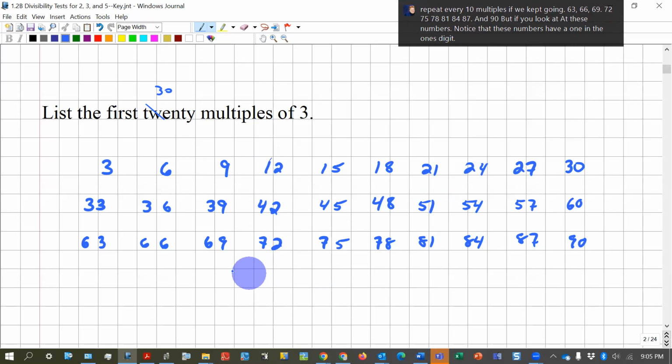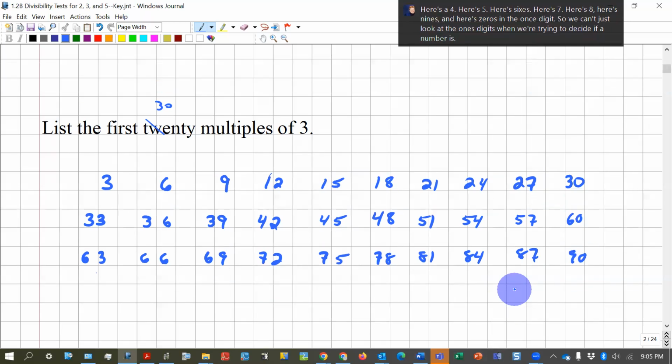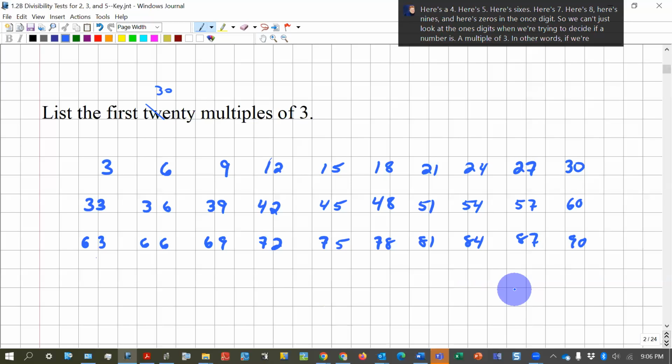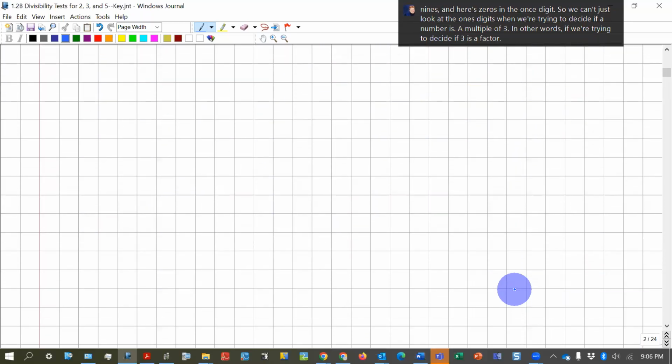These ones have a 2. These have a 3. Here's a 4. Here's 5s. Here's 6s. Here's 7s. Here's 8s. Here's 9s. And here's zeros in the ones digit. So we can't just look at the ones digits when we're trying to decide if a number is a multiple of 3. In other words, if 3 is a factor of that number.